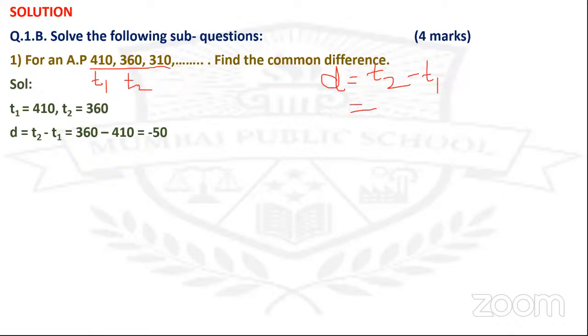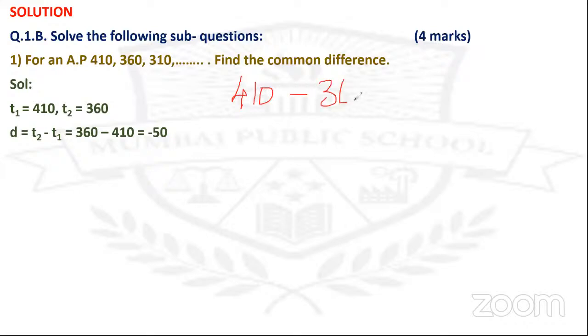Now here also again, most of the students make a mistake here. They think that no, 410 is bigger, so I should write 410 first. And what they do is, in the solution, they write it as 410 minus 360. Because they think that 410 is the greater number, so it should come first. No, it's wrong.